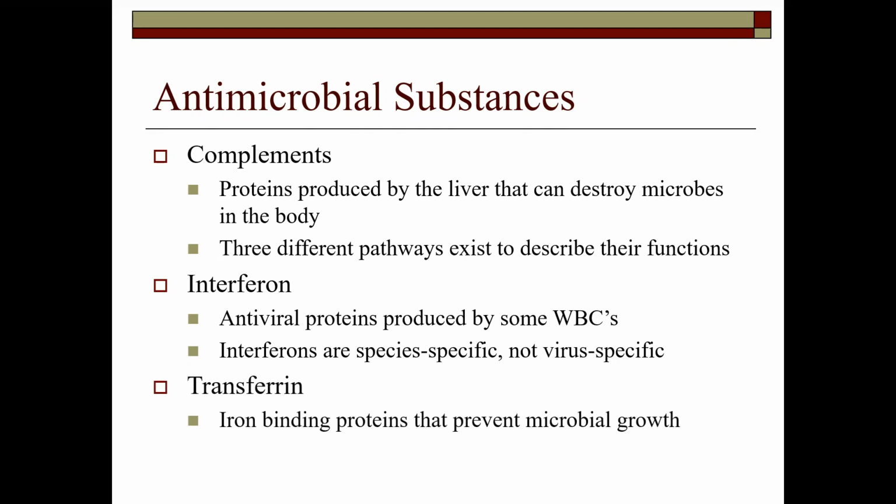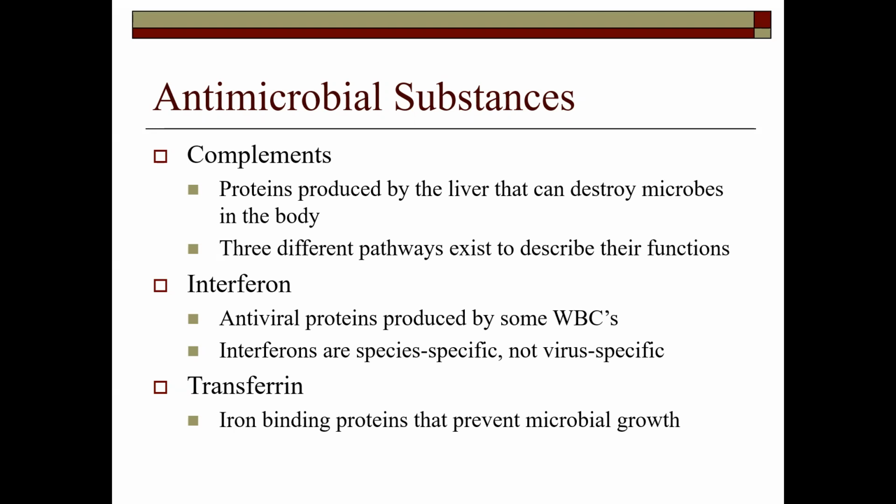Transferrin is an iron-binding protein that helps to prevent microbial growth. If you remember, back in chapter 15, I told you how much the bacteria love iron, right? They want to steal iron from us, and that's one of the main ways that they make us sick, by taking our iron away. So this is our answer to that.